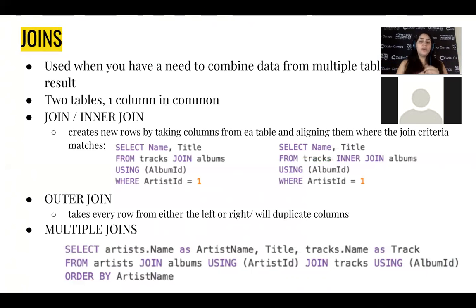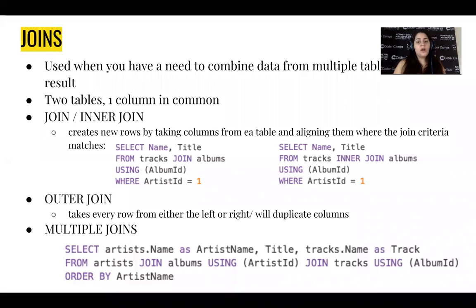So we can join that information by using that student ID in order to get all the information that we need. So there are a couple keywords. So join and inner join. They're exactly the same thing. Join is just shorthand for inner join. So whatever you're most comfortable writing, they're both going to do the same thing.